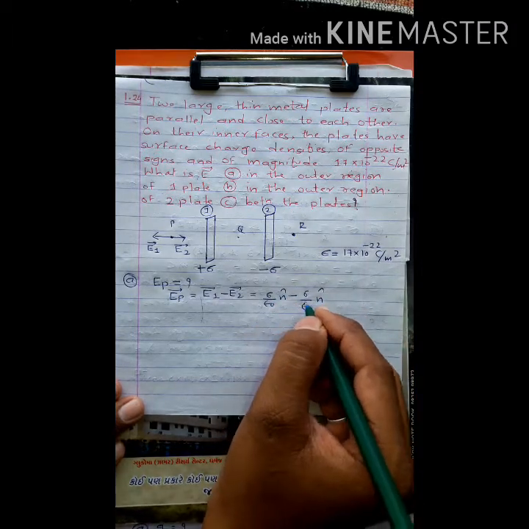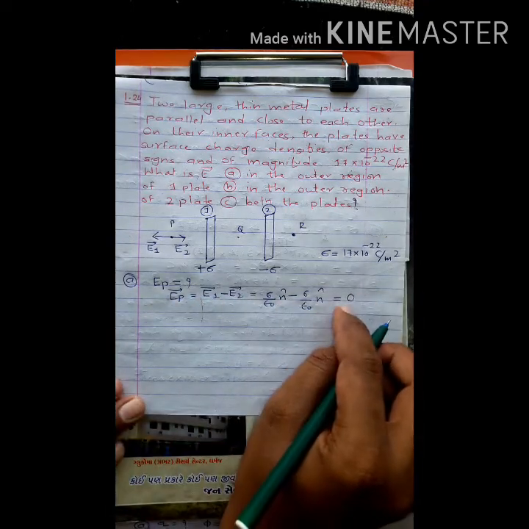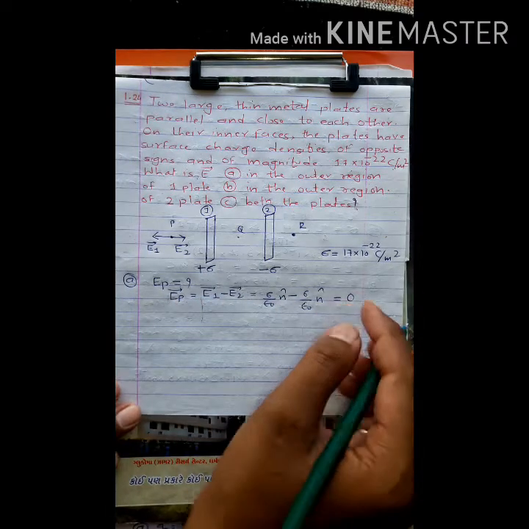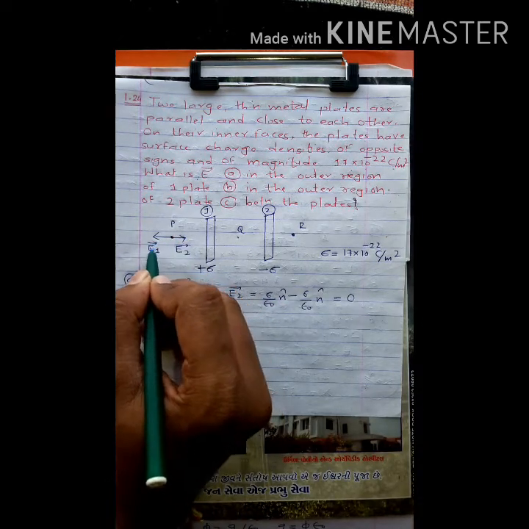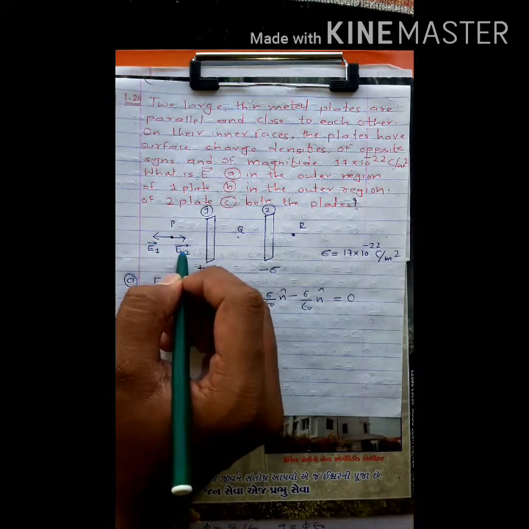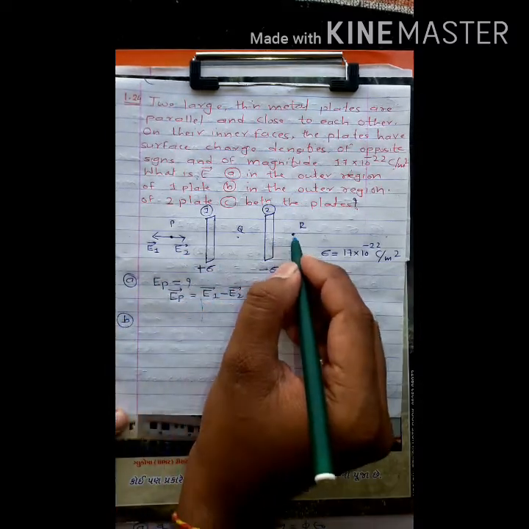Plus and minus sigma upon epsilon 0 n cap cancel out. So at P point net electric field is 0, because E1 and E2 both are equal in magnitude and opposite in direction.